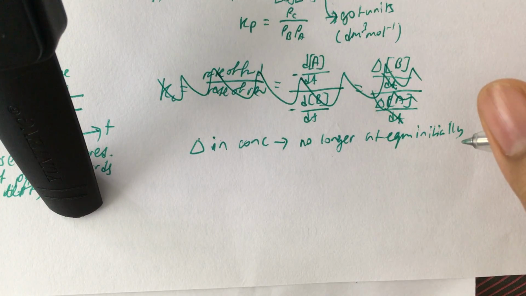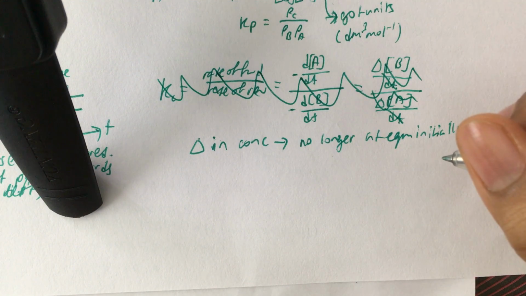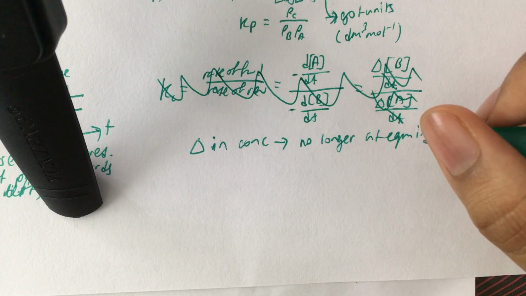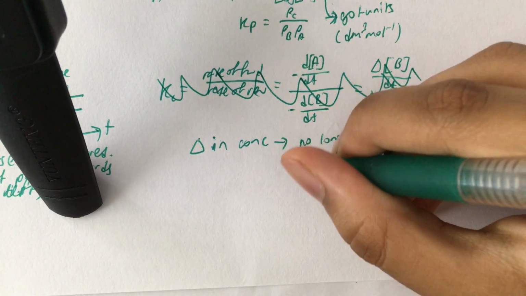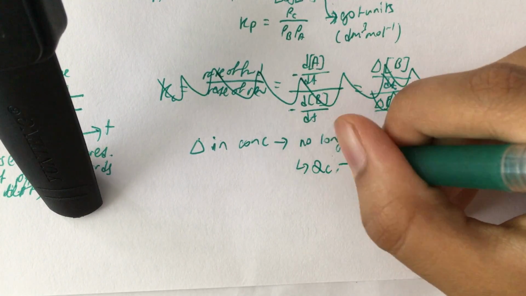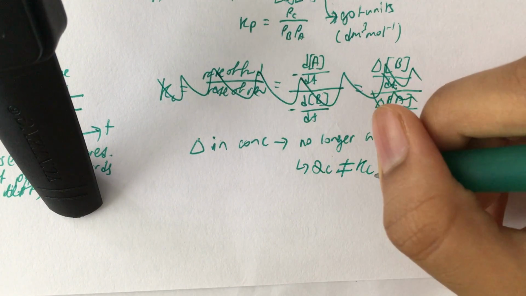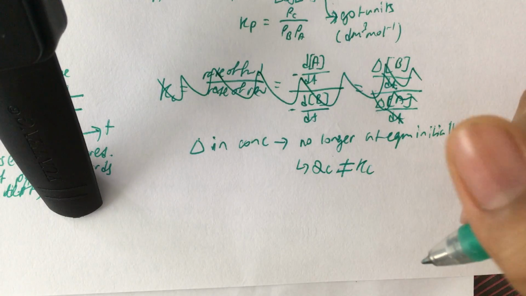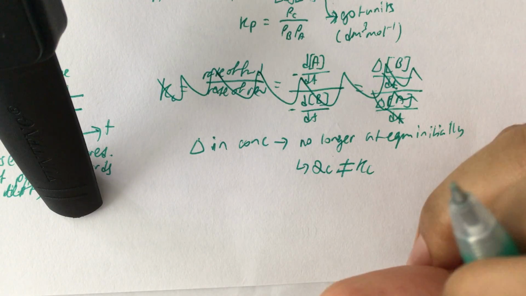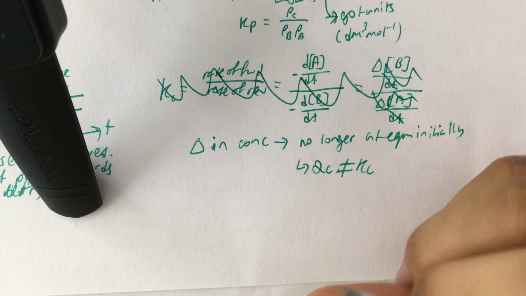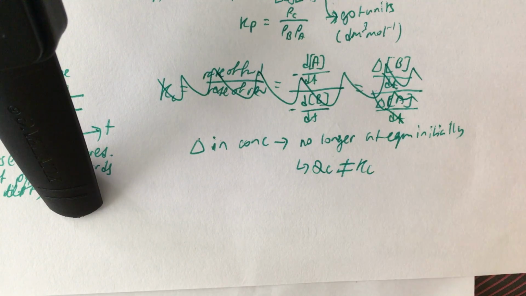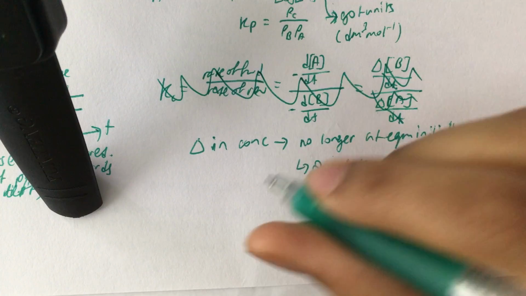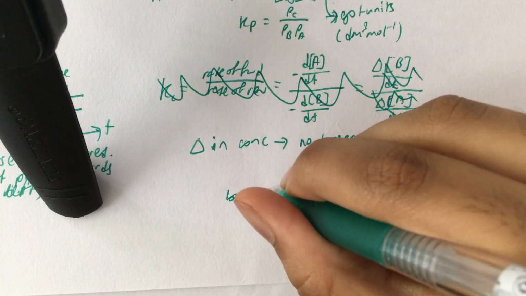It will be represented by something else, Qc, and this is not equal to Kc. So the actual Kc isn't affected by changes in concentration, because eventually the system will go back to equilibrium, and even if the numbers are slightly different, the ratio will be the same and the Kc will be the same. Therefore Kc isn't affected by concentration.